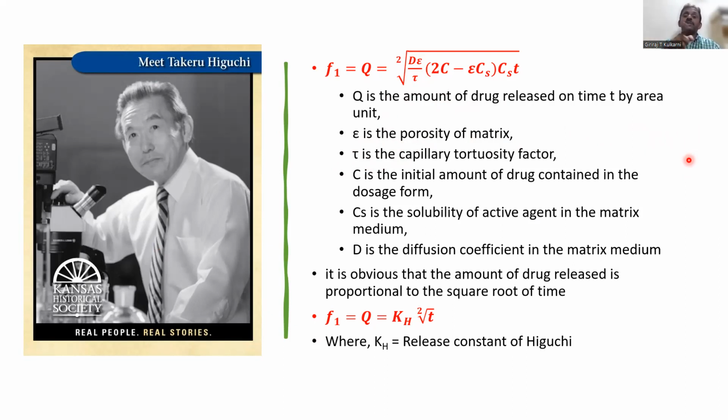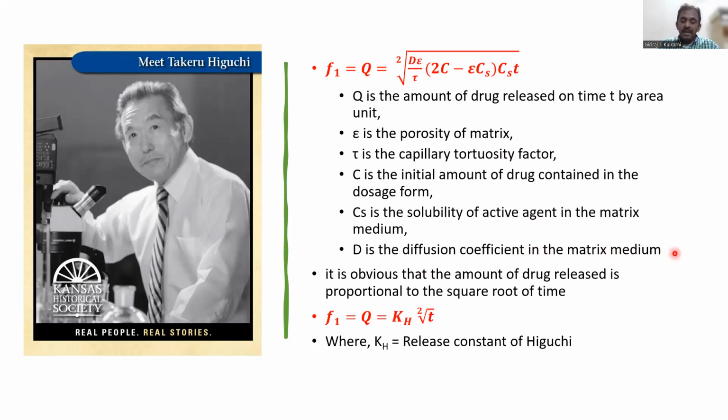They are not always straight lines; they will be zigzag. If the zigzag nature increases, tortuosity also increases. C is the initial amount of drug contained in the dosage form. CS is the solubility of the active agent in the matrix. D is the diffusion coefficient in the matrix medium.